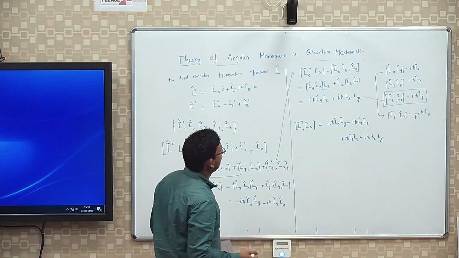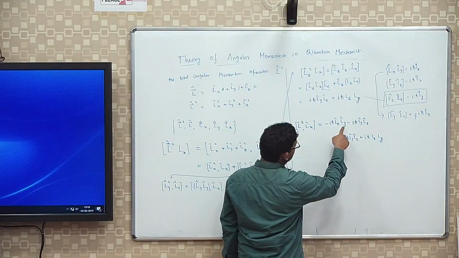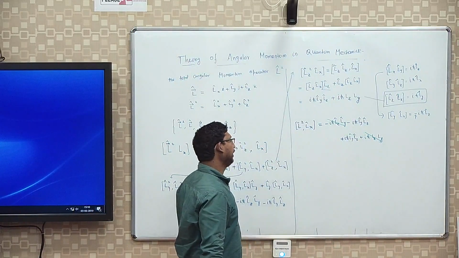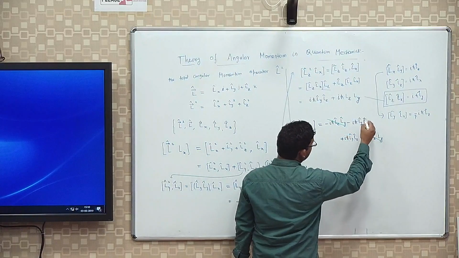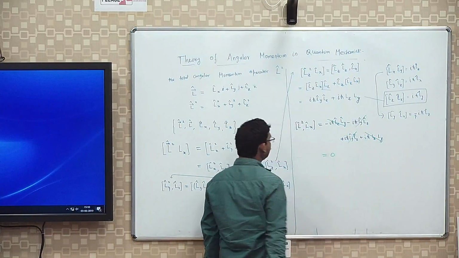So Lz Ly with the positive sign and Lz Ly with the negative sign gets cancelled. Again if you look, these two terms also get cancelled. The final result is 0.